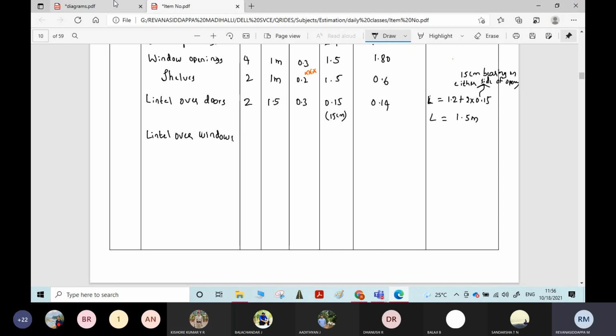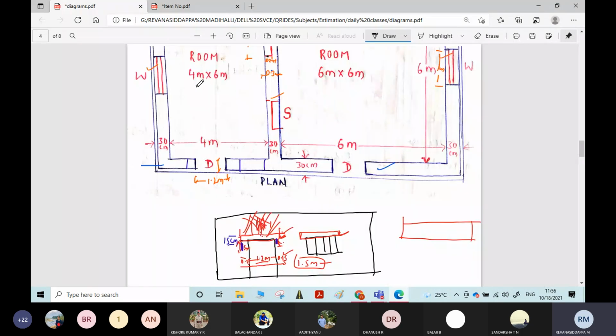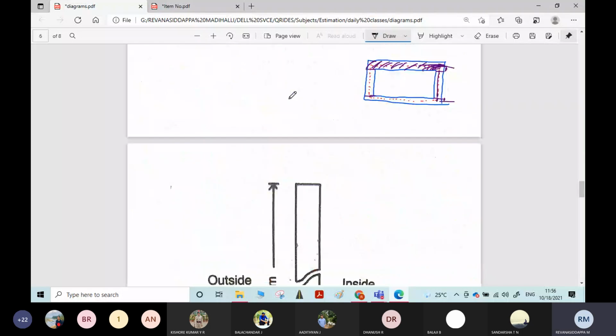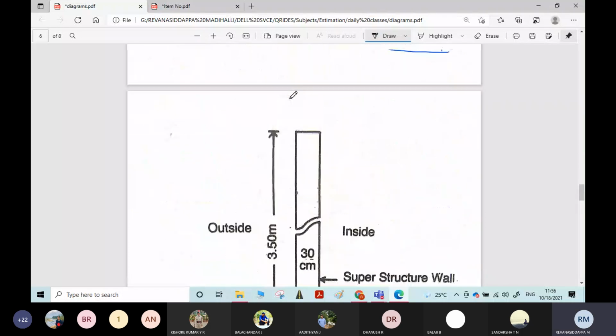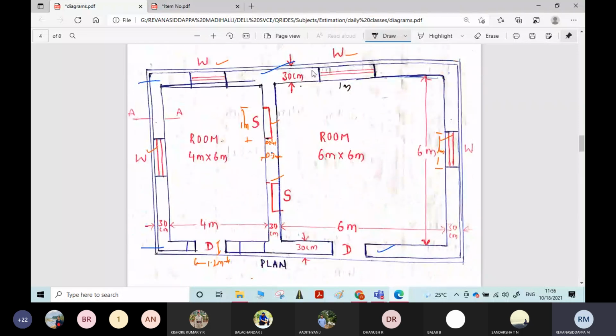What is the width of the window? It is given as 1 meter. On either side, by giving the bearing length of 0.15, it becomes 1.3 meter.